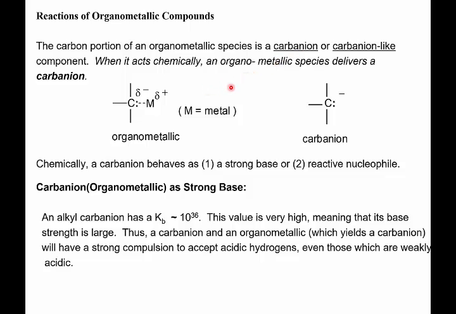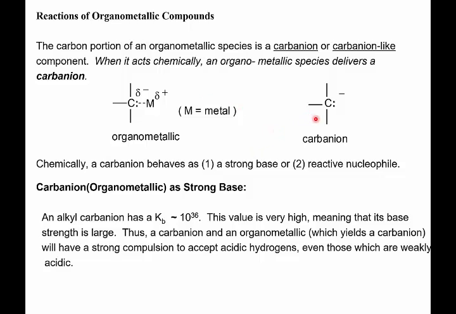Alright, so the focus now is on the reactions of organometallic compounds. The carbon portion of the organometallic compound is a carbanion or carbanion-like component. When it acts chemically, an organometallic species basically delivers a carbanion.